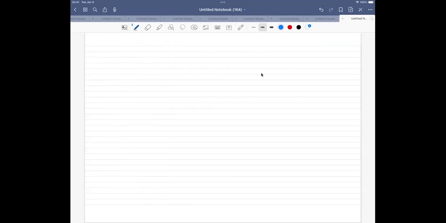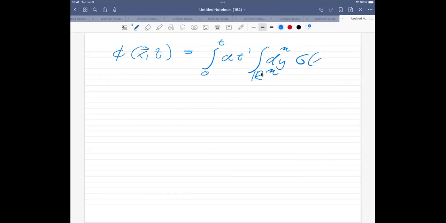If I now look at my function phi of x and t, I can express that as an integral over time as well, from time 0 up to t, over dt prime, and then I can integrate over all of the spatial coordinates dy, and then this is multiplied with this Green's function, which plays the role of a probability distribution, a transition probability, g of x, y, t minus t prime, multiplied with our original distribution, f of y at a time t prime.